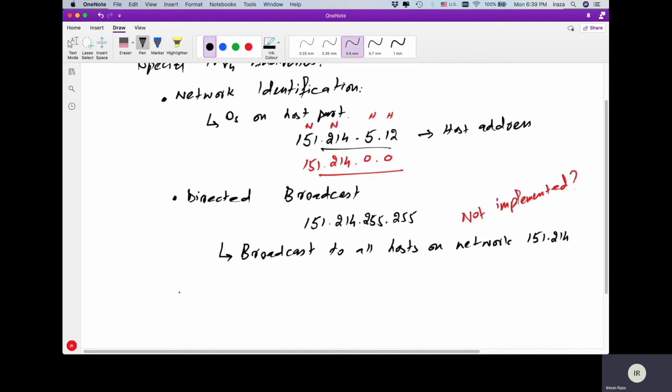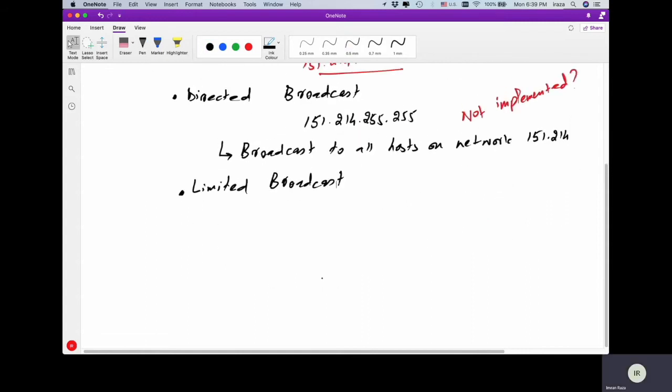The third type of special address is limited broadcast. What happens in limited broadcast is that a broadcast is received by all the hosts on a local area network and not forwarded beyond the LAN.